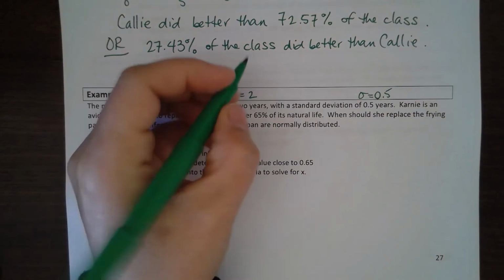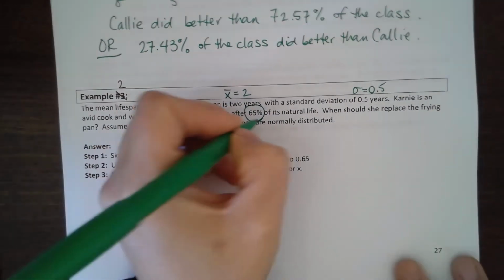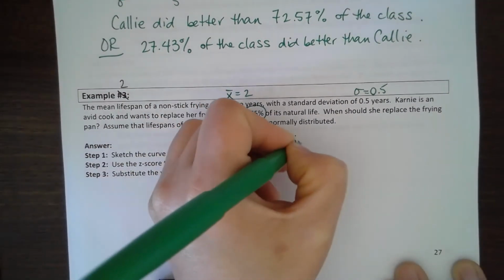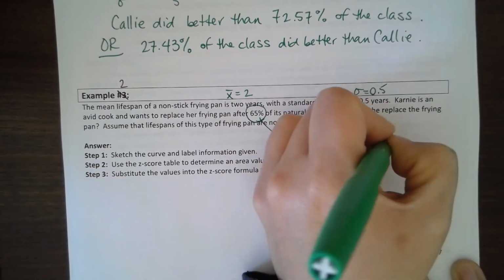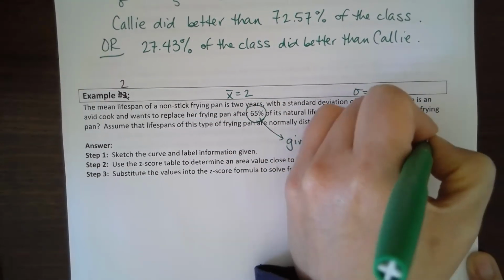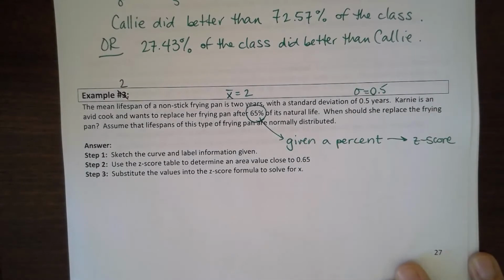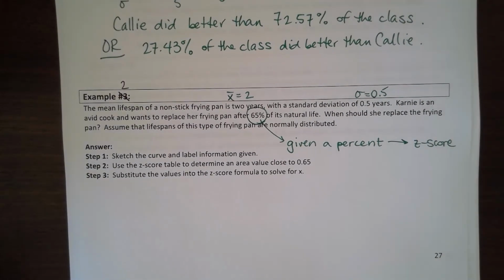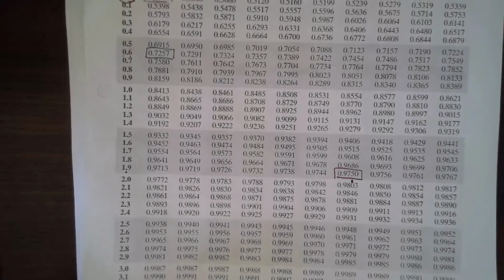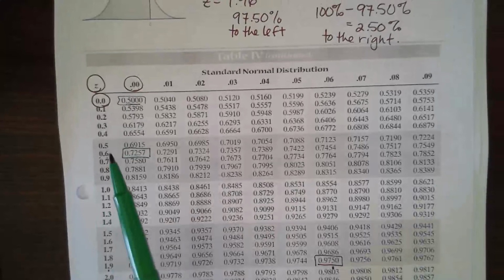All right, so we're given a percent here, right? So we need to turn that into a z-score. So it's going to be higher, that's higher than 50%. So we need to use our positive table here, and we need to find a percentage that's close.